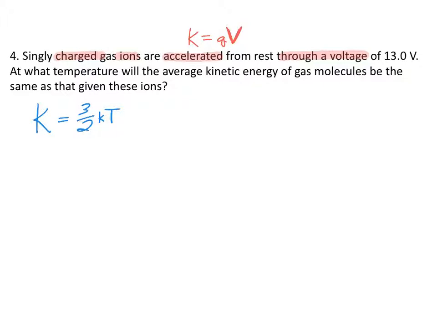And the T is for temperature in Kelvin, all right? Well, it's this 3/2 kT version of kinetic energy that's going to be equal to our QV. So that's a new thing. You might want to just pause for a minute and note that this is the kinetic energy of gas molecules. That's what this is.